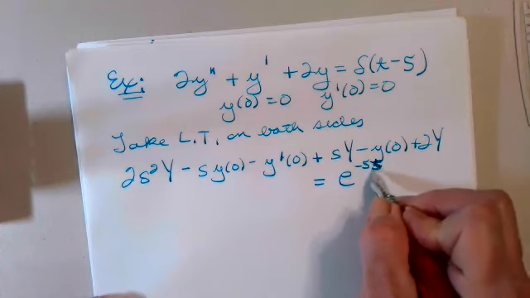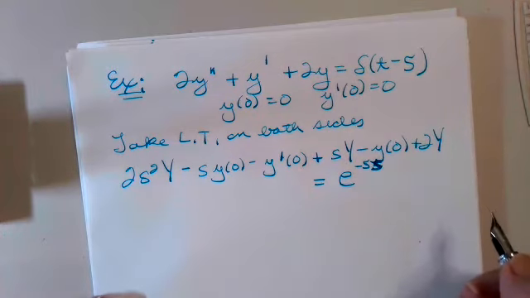Sorry, s is the transform variable. So that's e to the minus 5s.